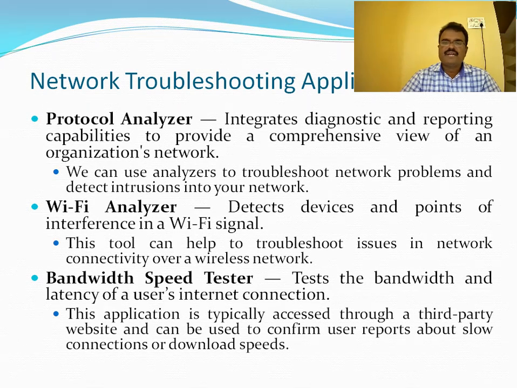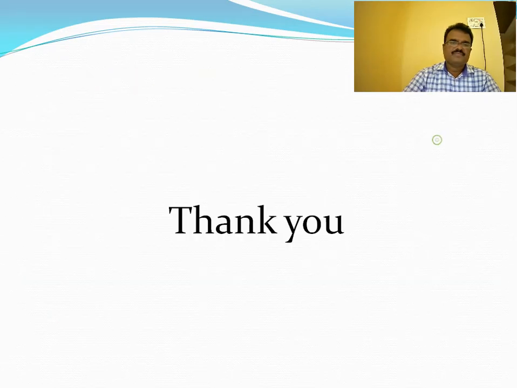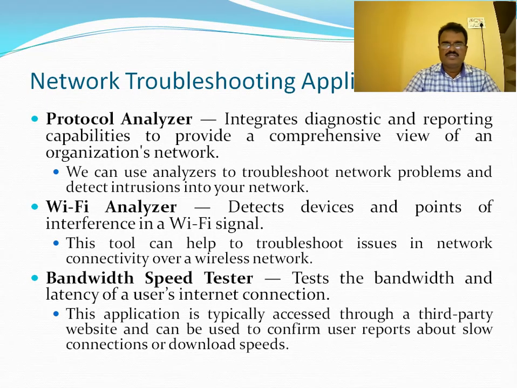This tests the bandwidth and latency of a user's internet connection. This application is typically accessed through a third-party website and can be used to confirm users' reports about slow connections or download speeds. So this is about standalone applications which are used in network troubleshooting.